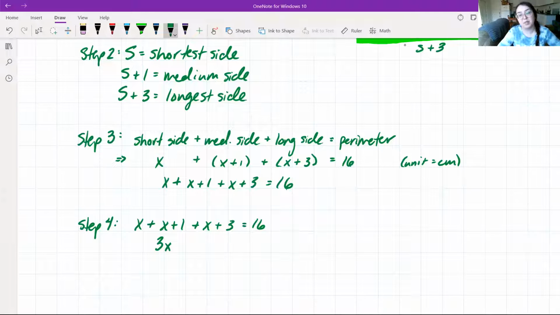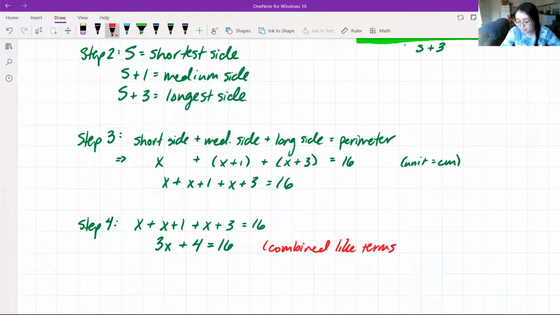And then we have a plus 1 plus 3, so 1 plus 3 is 4. So here we combined like terms to get 3x plus 4 is equal to 16.